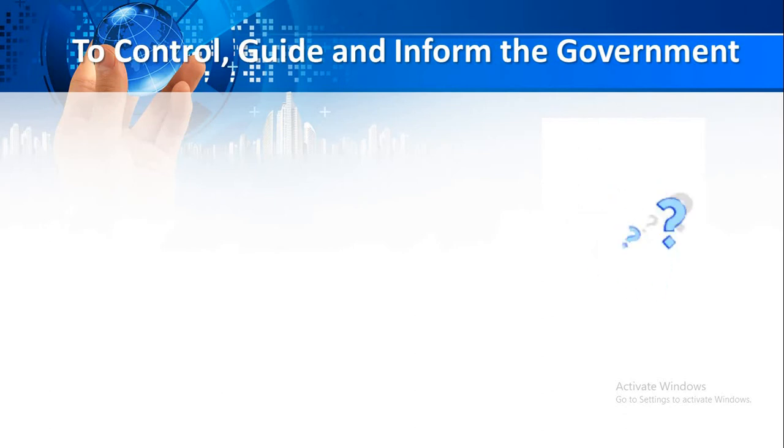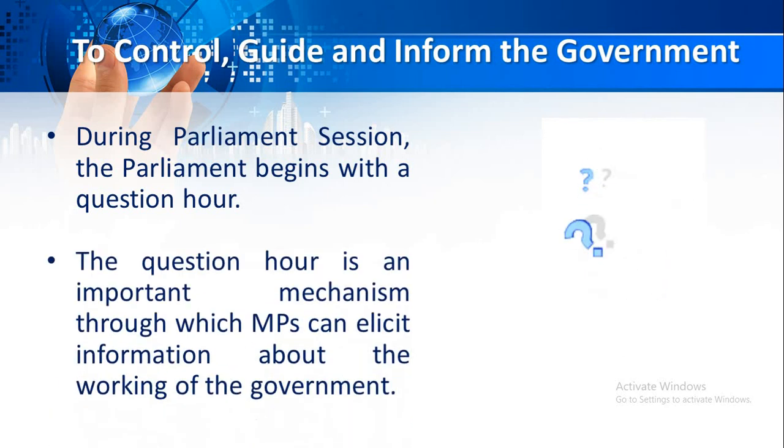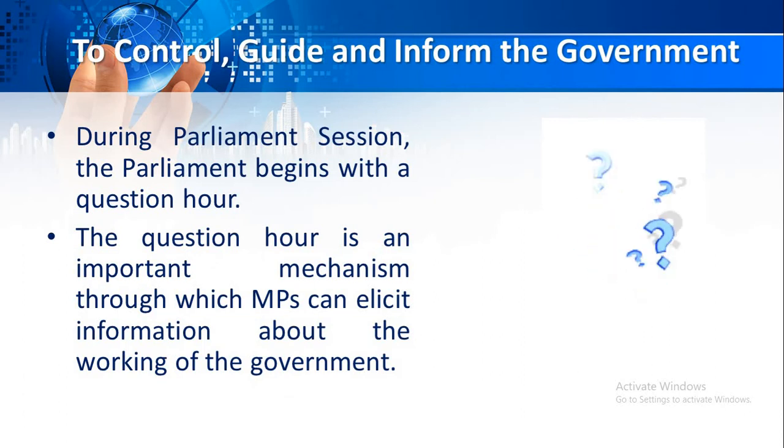Second function of Parliament is to control, guide and inform the government. During Parliament session, the Parliament begins with a question hour. The question hour is an important mechanism through which MPs can elicit information about the working of the government.